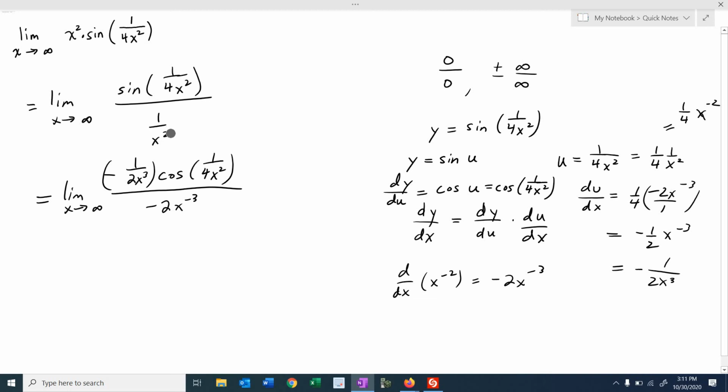Okay, and it may be useful to actually keep this written like this. So I'm just going to write that top one like this. So minus 1/2 times x to the negative 3. And that's because then these two will cancel out. It makes it very clear that those cancel.